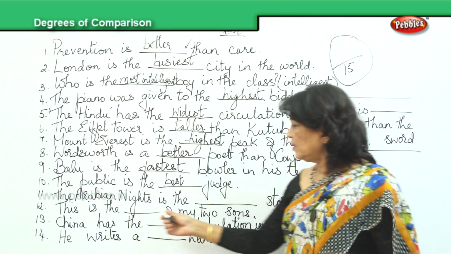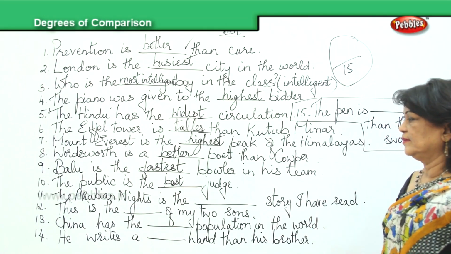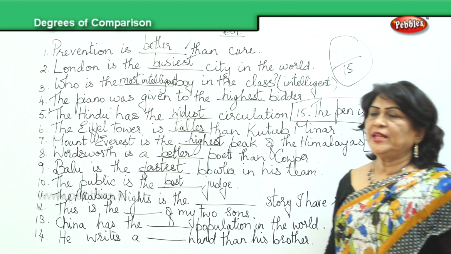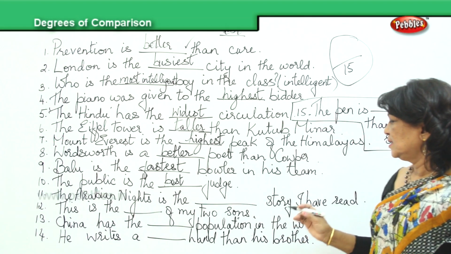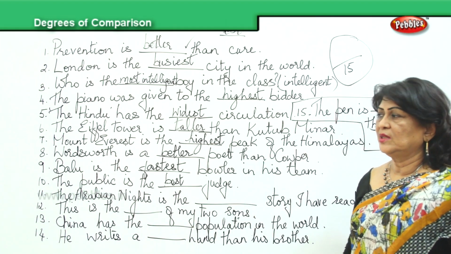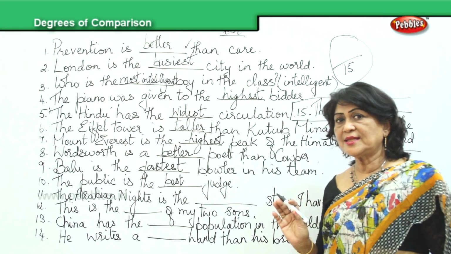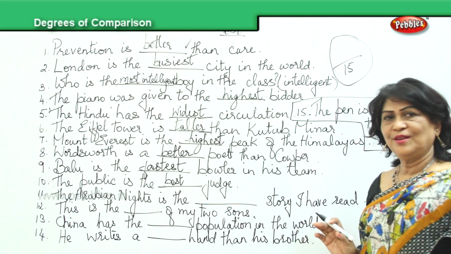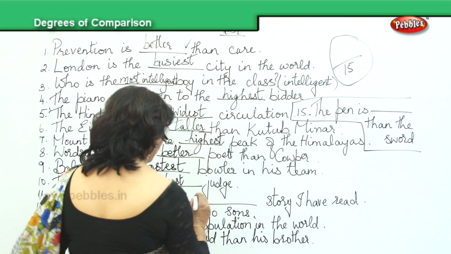The Arabian Nights is the dash story I have read. Something like story that you read will be interesting, isn't it? So you have here the, T-H-E, the. So the interestingest story, most interesting story, very good.